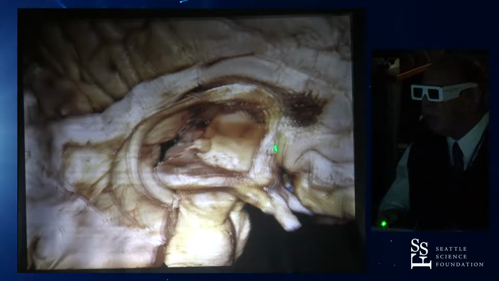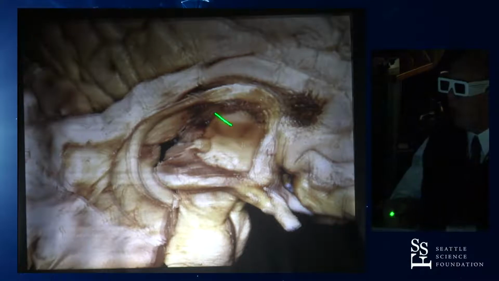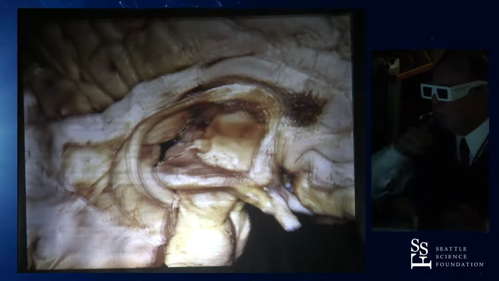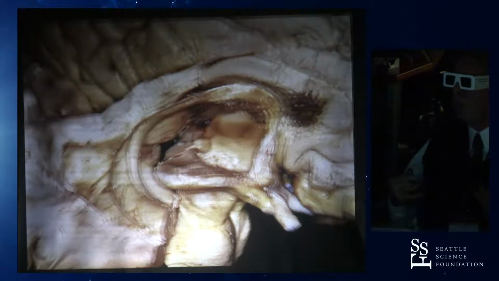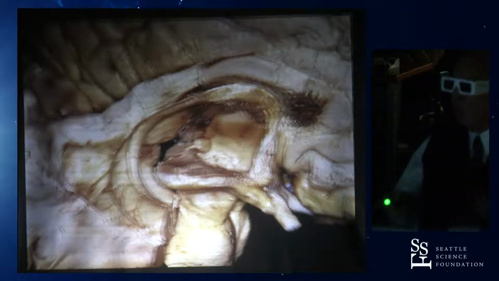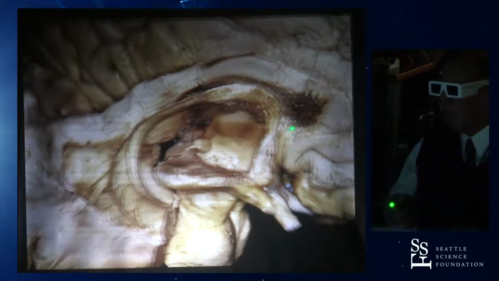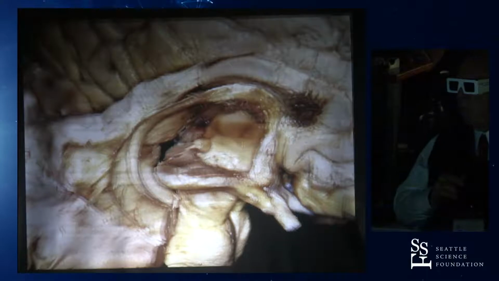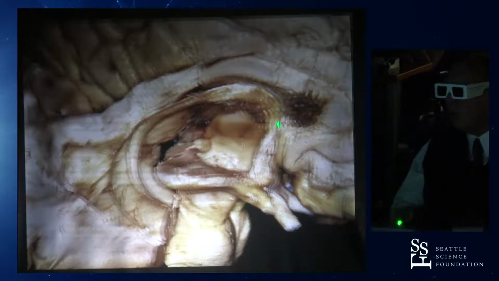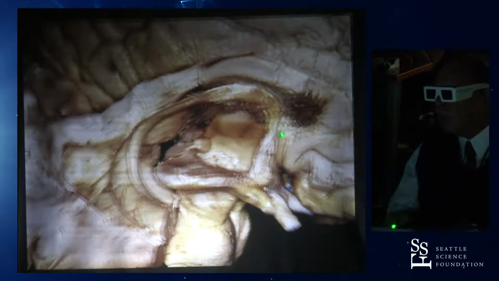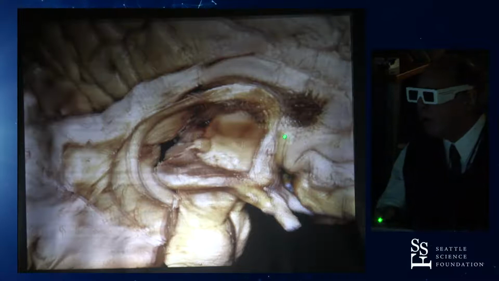Here you have the septal nuclei, which are important because they are the gates to the hypothalamus. All cortical information that goes to the hypothalamus goes through the septal region. So this is also called the real septum, because the septum pellucidum is the false septum. The septal region is the real septum, where you have the septal nuclei.